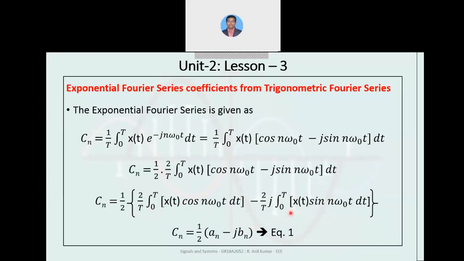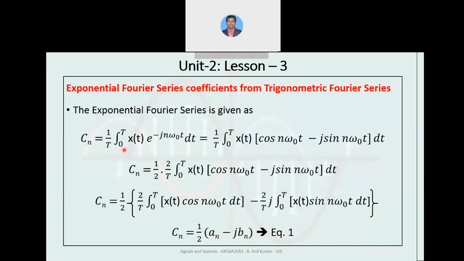Similarly, in solving the coefficient b n in the trigonometric Fourier series, we got the same result in terms of sine. Here j is as written, and 2 by T integral 0 to T x of t sine n omega naught t is considered as b n. So this is how the c n expression is obtained.